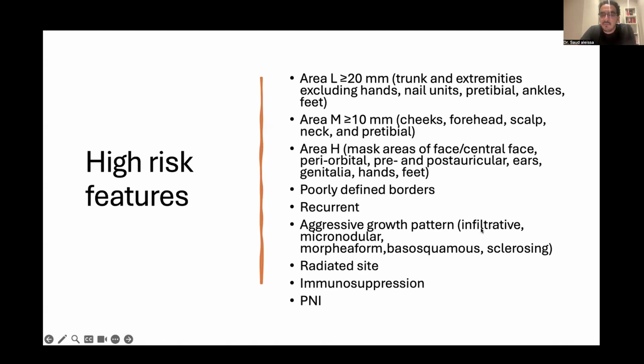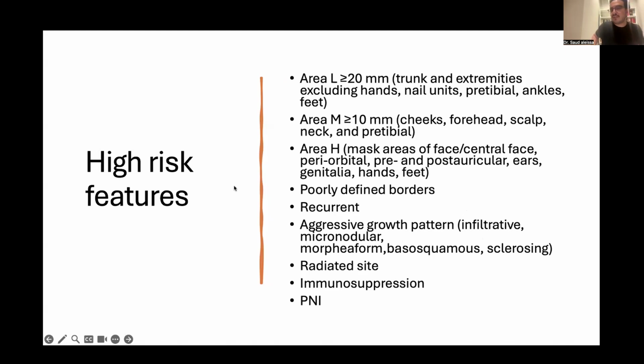So the pathologist will tell you it's infiltrative, micronodular, morpheoform, which is scarring, basosquamous, sclerosing. Sometimes you get a run-of-the-mill BCC and you'll be like, whoa, it's infiltrative, it's micronodular. Also radiation sites, immunosuppression, and perineural invasion. Okay.